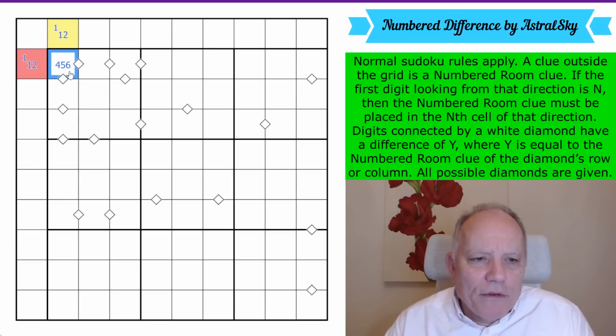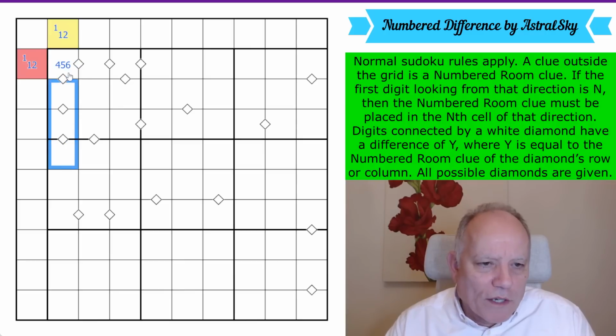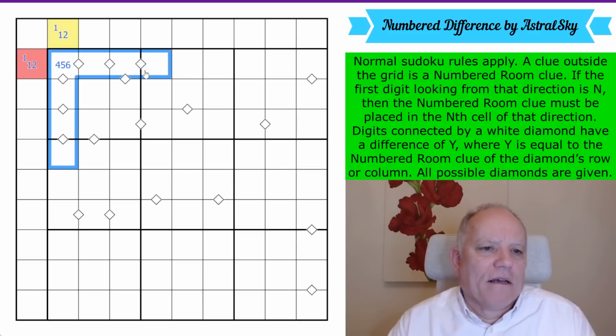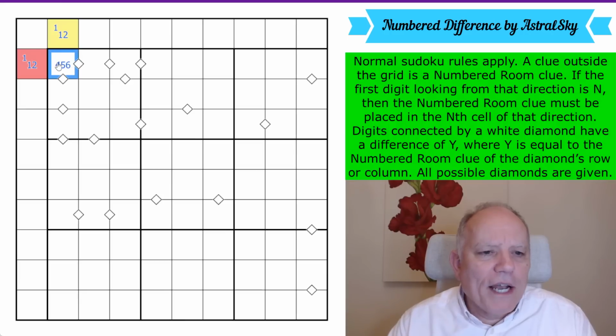Now, I'm going to say I don't think either of these can be a 2, because although you could ascend up to a 4 with 1, 2, 3, 4, you couldn't keep ascending round the corner 6, 8, 10. And the same must apply with a 6. 9, 8, 7, 6, 4, 2, 0.